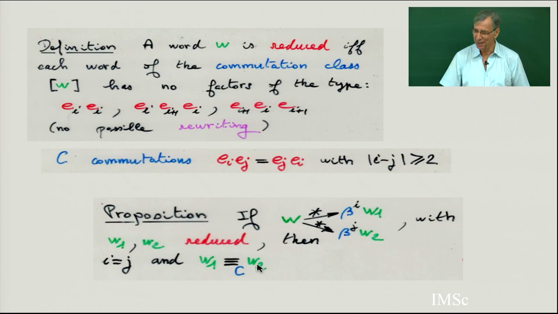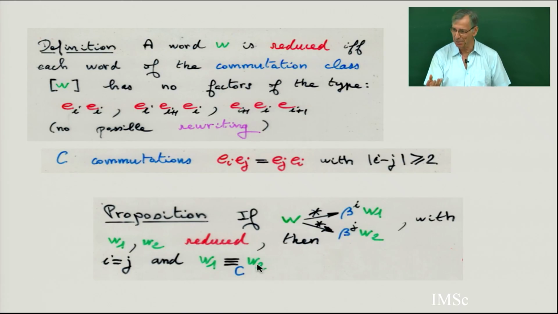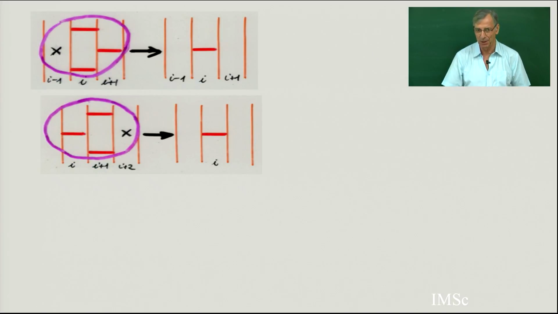But since we are working with the commutation relation, it is better to work with heaps, because in a heap the whole commutation class is reduced to a single element. So I rewrite this proposition in terms of heaps. You can make some rewriting directly in the heap.